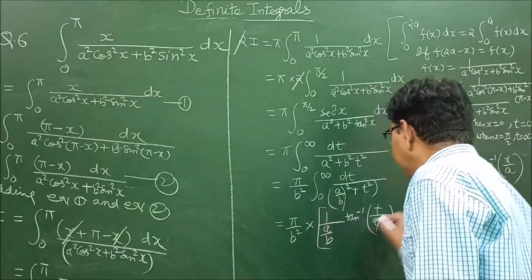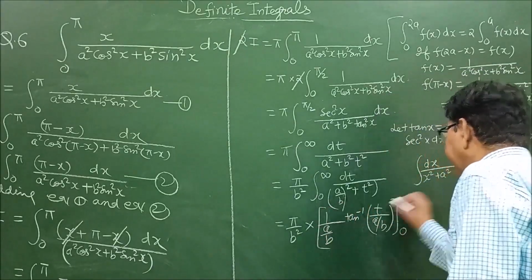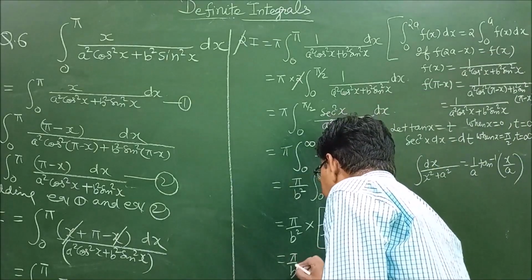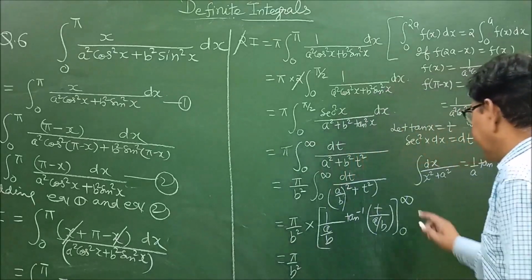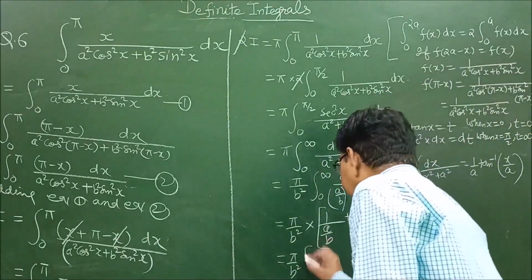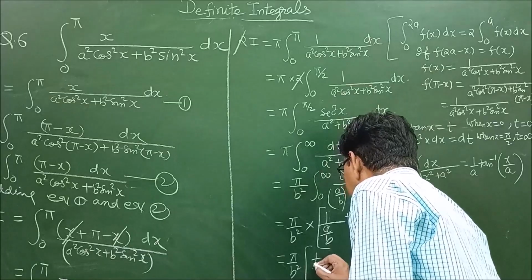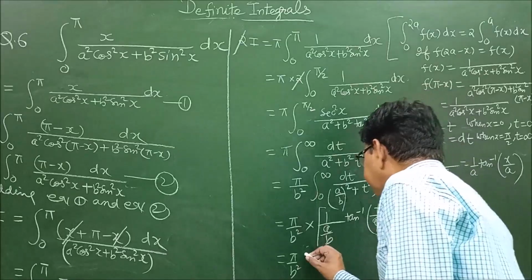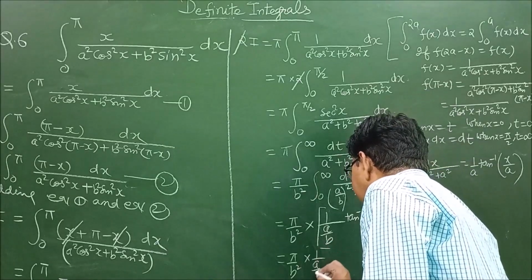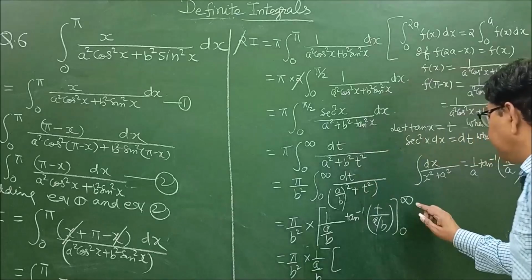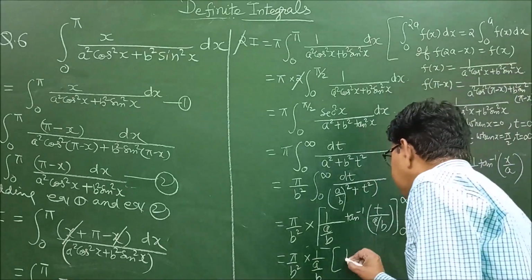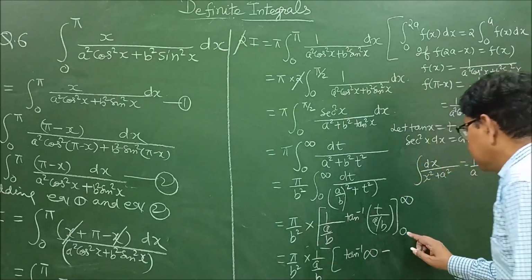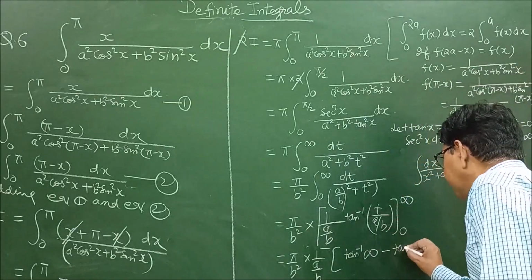Now this is equal to pi upon b square, and 1 upon a upon b can be taken out as a constant. Here, if we apply the limits, t equal to infinity gives tan inverse infinity, minus t equal to 0 gives tan inverse 0.